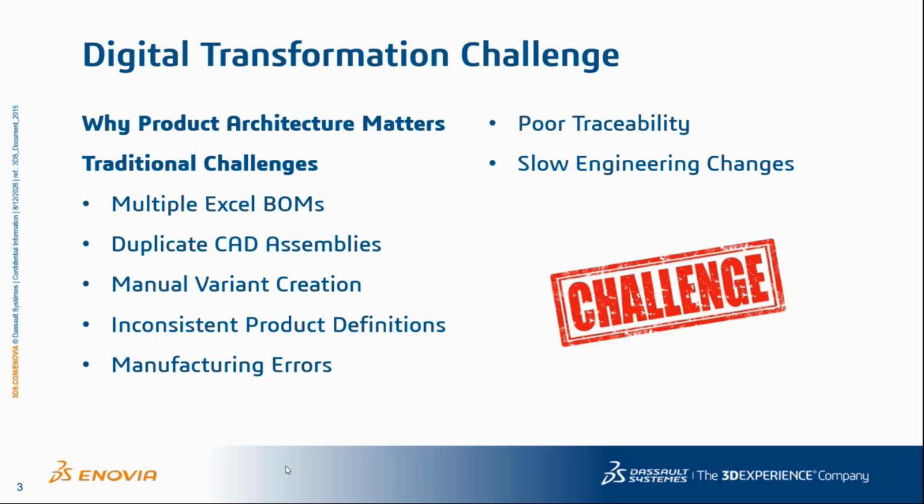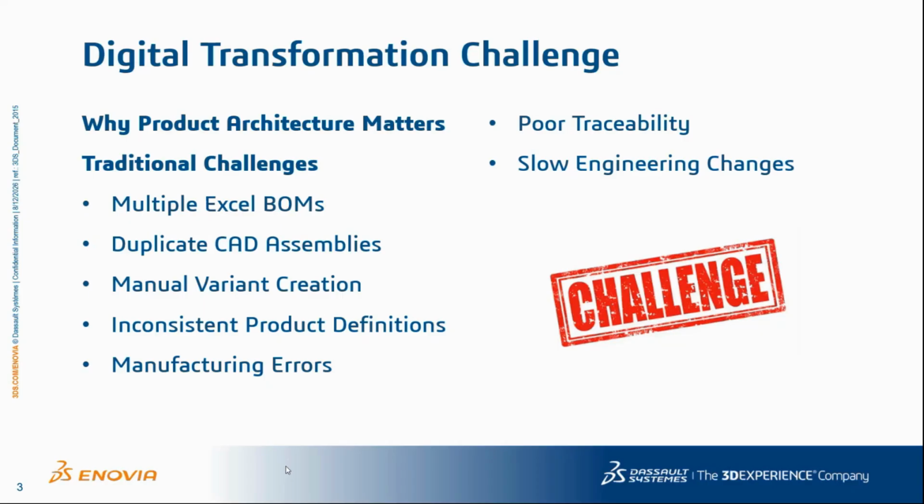Then you have inconsistent product definitions and manufacturing errors. You don't have traceability; the traceability is very poor. You are not sure who performed the change, when the file was revised, whether the revised drawing has been transferred to the manufacturing team or not, or whether the manufacturing team is using the latest version or the latest revision of the drawing.